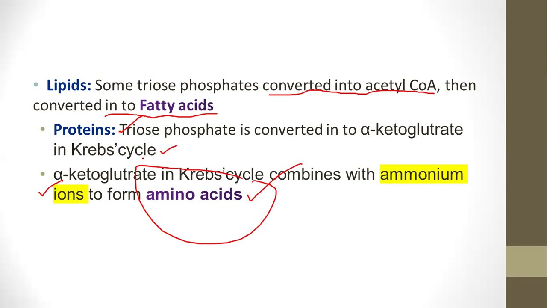Amongst them, one molecule is utilized for the synthesis of different types of biomolecules, which are carbohydrates, lipids, proteins, DNA, RNA, etc. However, the five phosphoglyceraldehyde molecules react with each other, produce different types of molecules, and subsequently produce the final molecule, ribulose bisphosphate.